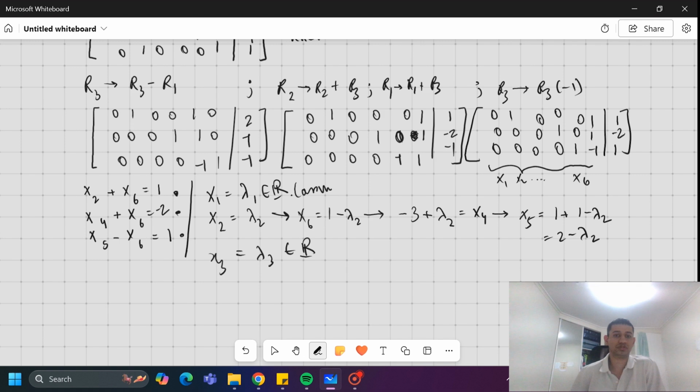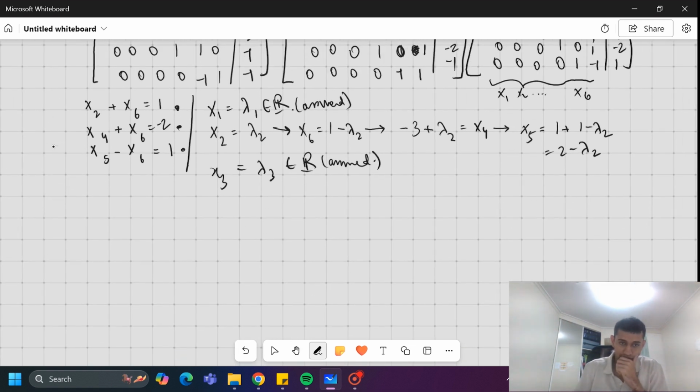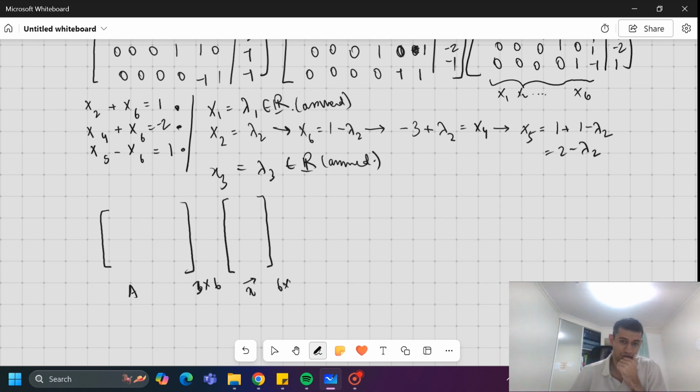If you look at the solution vector for this, if you remember, the matrix we were using, which was matrix A, was 3 cross 6. So we expect x to be a vector which is 6 cross 1, so that the resulting one is b, which is again a vector, 3 cross 1, as this will be the result of the multiplication.